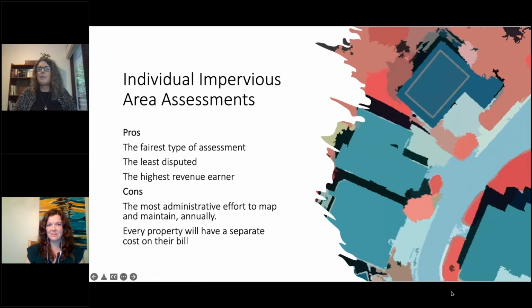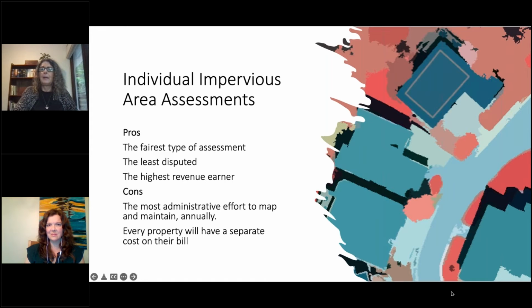Then you've got the individual impervious area assessments, and this is by far the most revenue raising, the fairest, the least contested, but it does add a lot more admin, and this is where you really have to set up a full admin department, and everyone gets a separate bill on their rates notice, very similar to how much water you use.